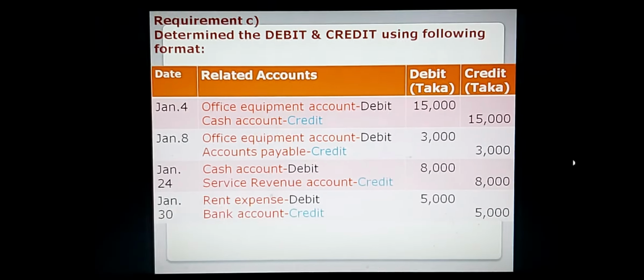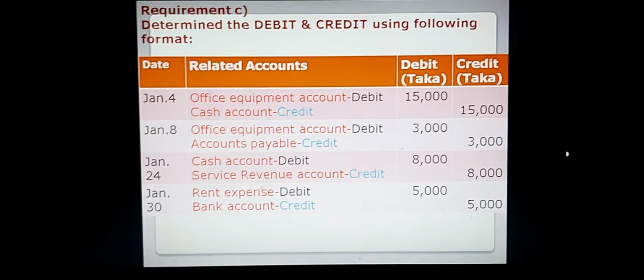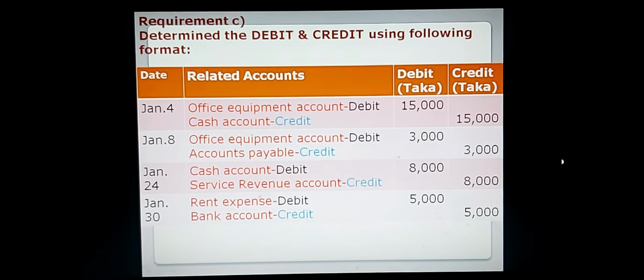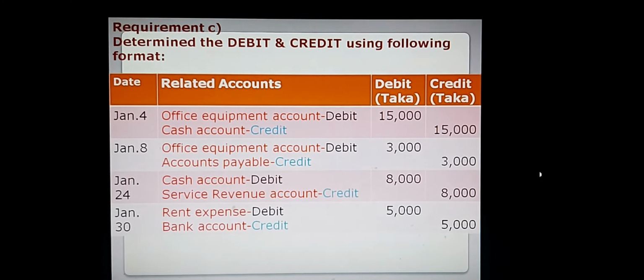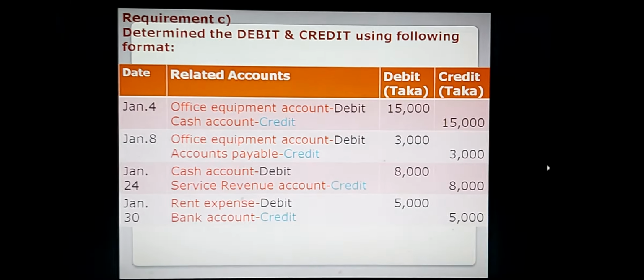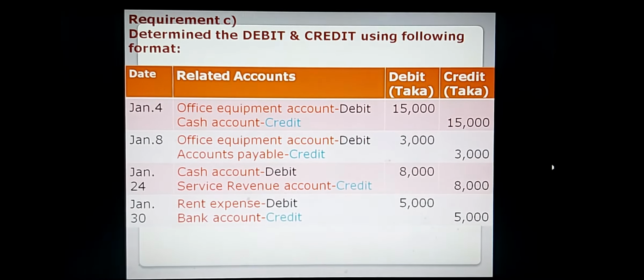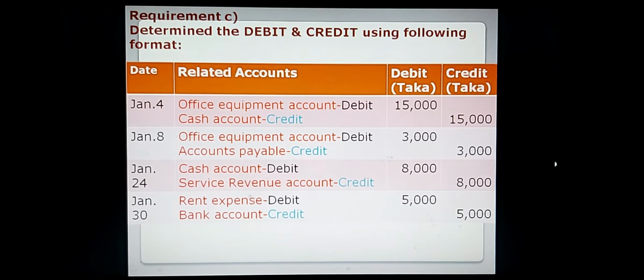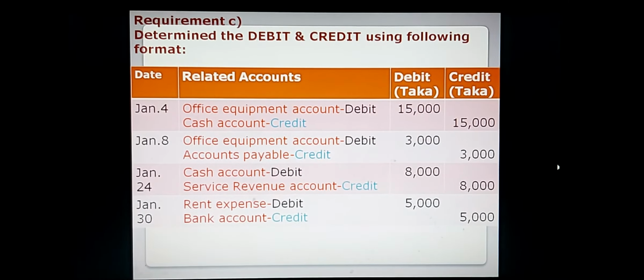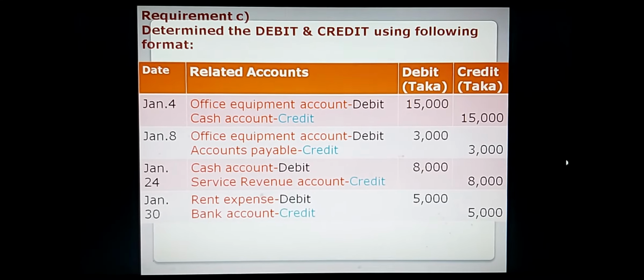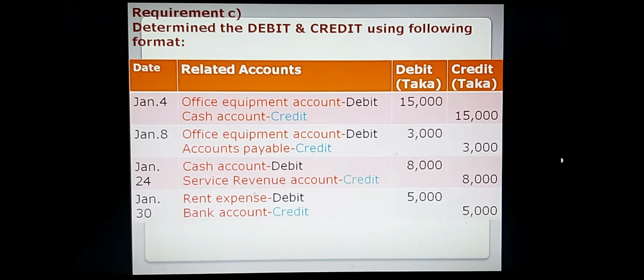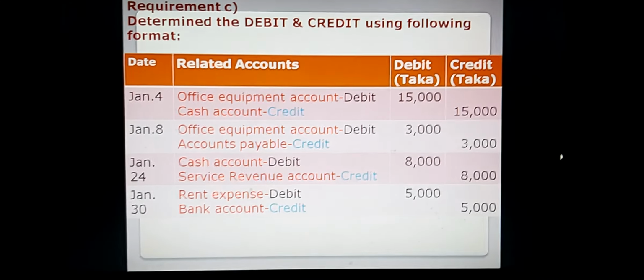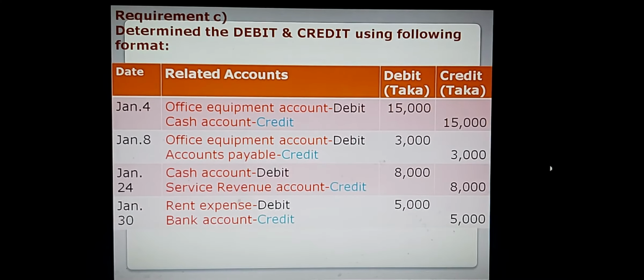But it was purchased on credit, not paid in cash or by check. So payable amount is created, or creditor's account is created, and liability account is increased. So when liability increases, the respective liability is credit. In this transaction, office equipment account is debit, accounts payable is credit.